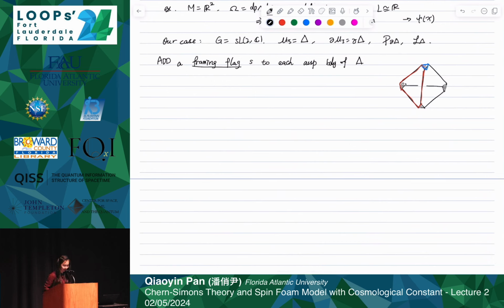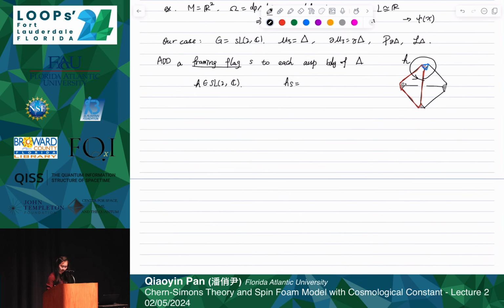And what is the framing flag? Now it's a moduli space of flat SL2C connections, so I can construct the SL2C holonomy around each cusp boundary, which takes a value in SL2C. For this holonomy, I can construct the eigenvalue and the eigenvector.